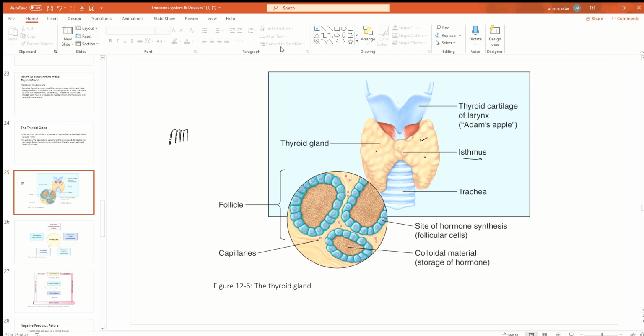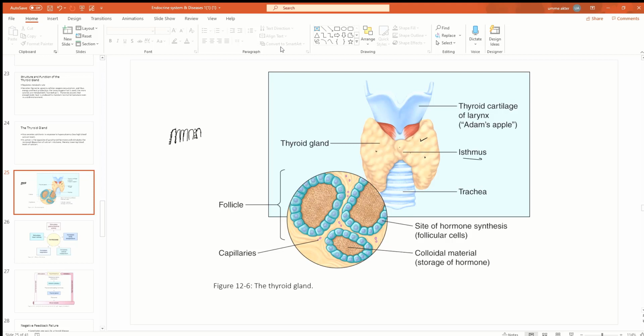So, these are the follicular cells present in the wall of the follicles, okay? And also in between the follicles you have another type of cells. Those are called parafollicular cells.